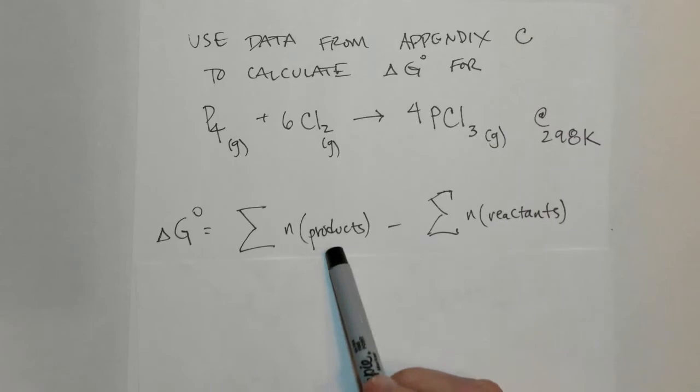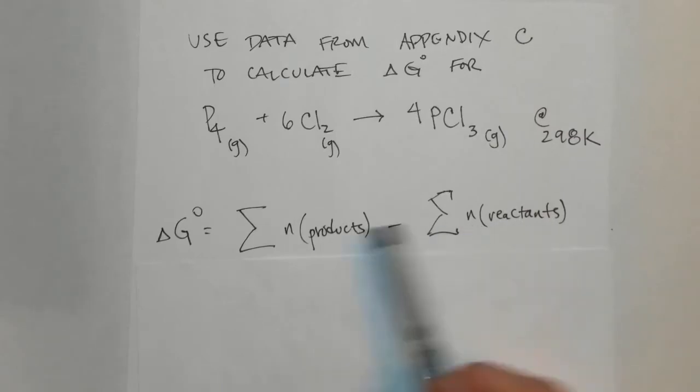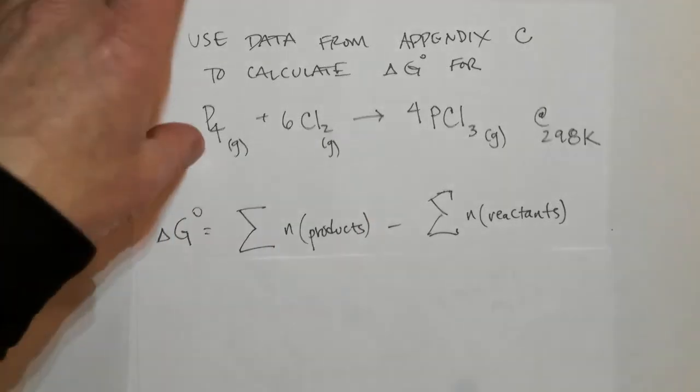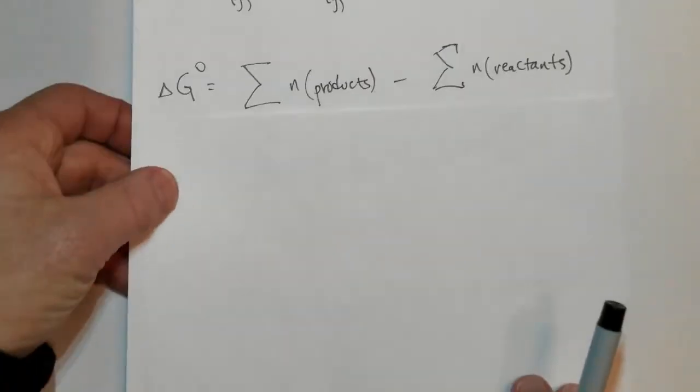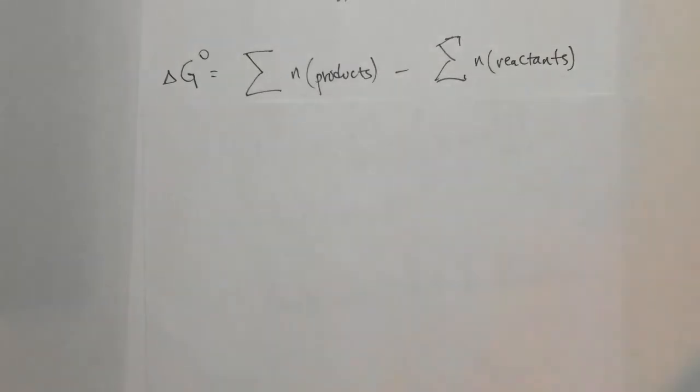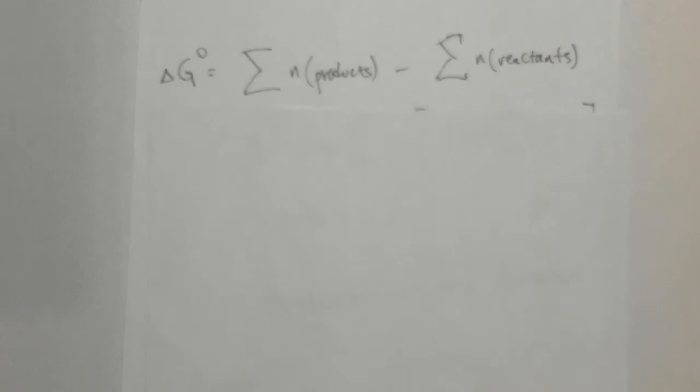And so we'll do products minus reactants, where the little n stands for the coefficients in front of each one of these species. So you can look them up on your thermodynamic quantities sheet in the back of Appendix C. I'll just look up a couple of them with you, and I'll give you several of them as well.